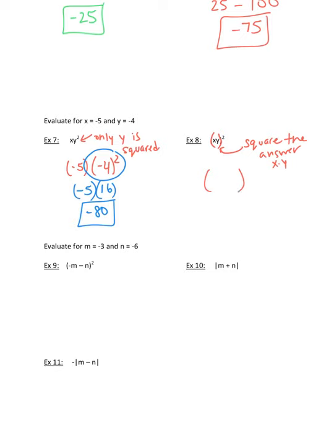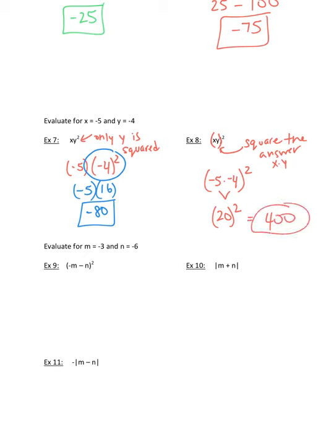So we're going inside the parentheses, -5 times -4, and then that answer squared. Notice that in the parentheses I put a dot for multiplication, and I did that because I didn't want to have parentheses, parentheses, and then parentheses around the whole thing. That would be a lot of parentheses and it would look confusing. So I switched to a dot, and that makes it a little more obvious that I have to first simplify. Inside I get 20, and then squared equals 400.